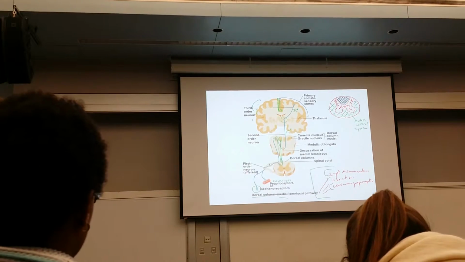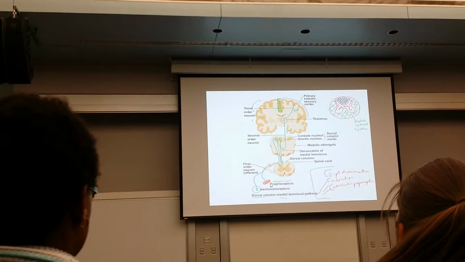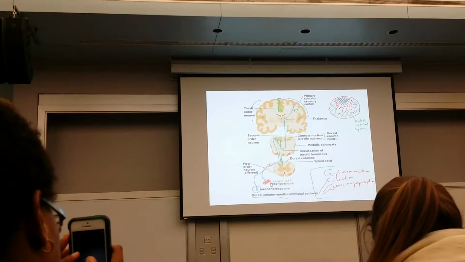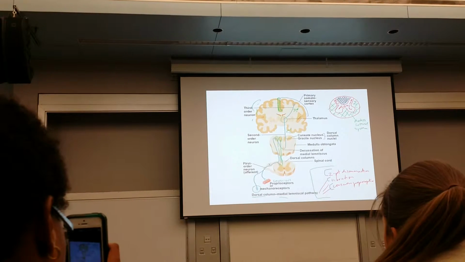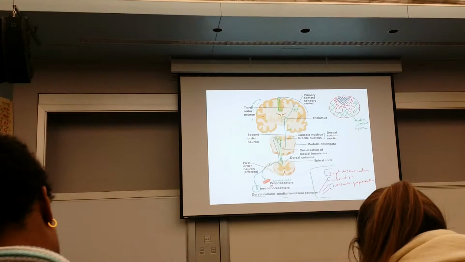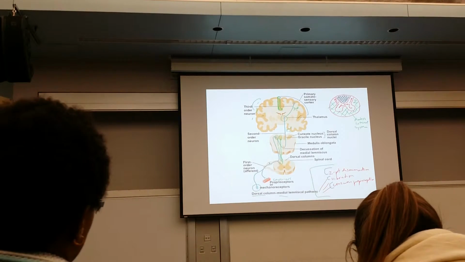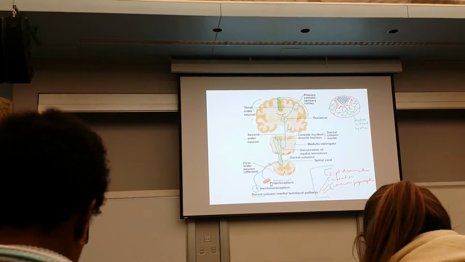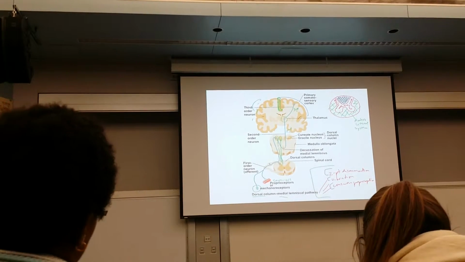Okay? Any questions regarding this? No? Do you know what decussation means? Crossing, like crosses the midline. So if I ask you, at which point the dorsal column, medial lemniscal pathway decussates?